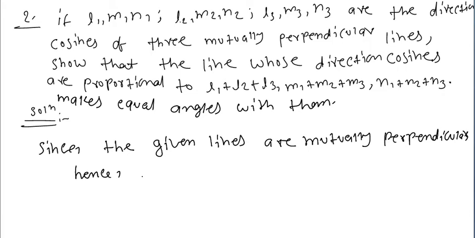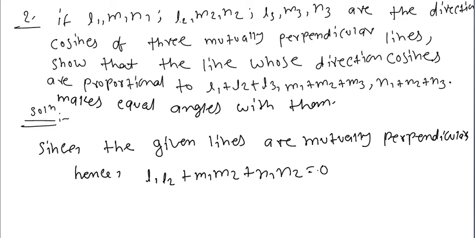The sum of the products of the direction cosines is equal to 0. Now do it: L1 L2 plus M1 M2 plus N1 N2 is equal to 0. This is the condition for line 1 and 2, which are perpendicular to each other.